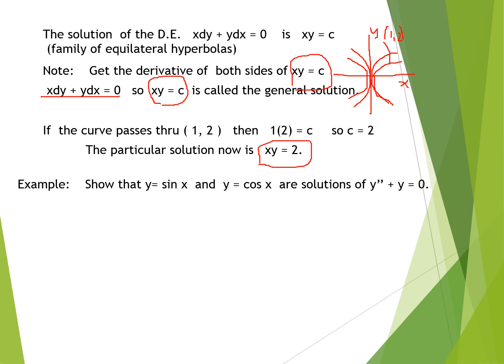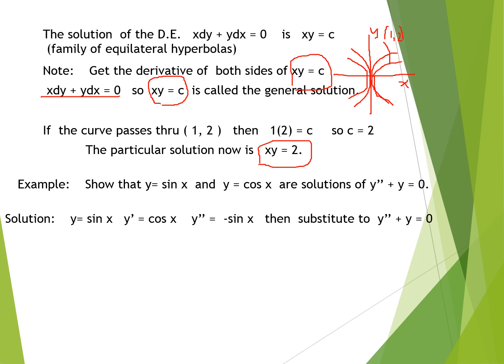Now, show that y is sine x and y is cosine x are solutions of y double prime plus y is 0. Well, all we have to do is to get the first and second derivative and then substitute it here. So for y is sine x, the first derivative is cosine x and the second derivative is negative sine x.